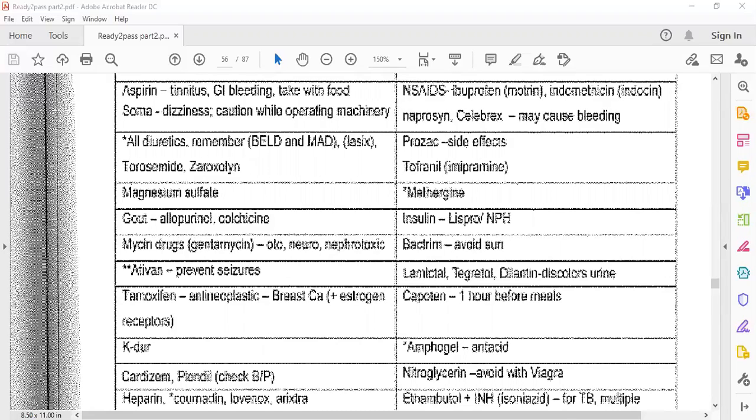When you give aspirin, it has some side effects like tinnitus and GI bleeding, right? So if the patient has gastritis or a stomach problem, it is good not to take aspirin, or to take aspirin with food, right?